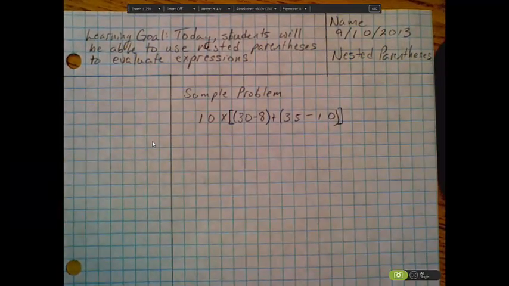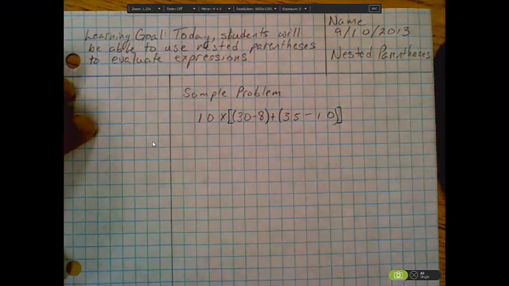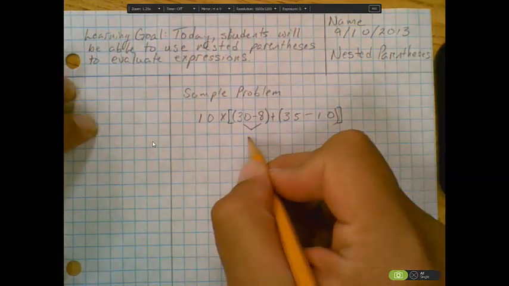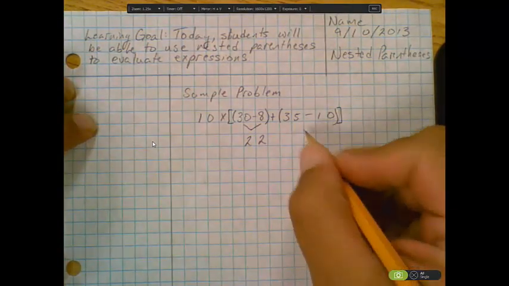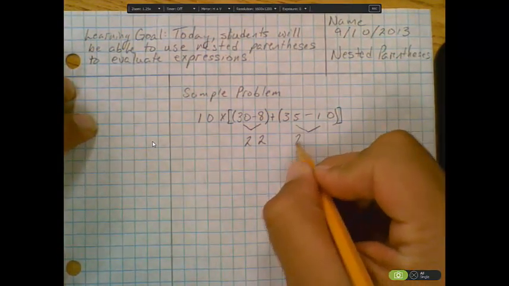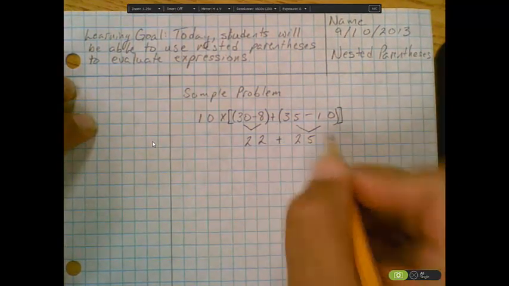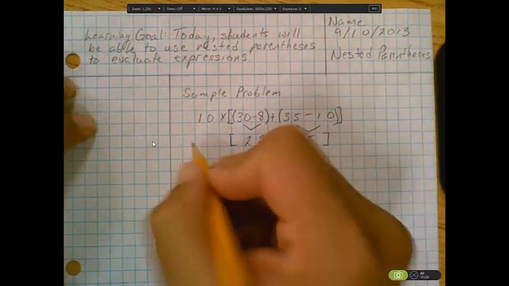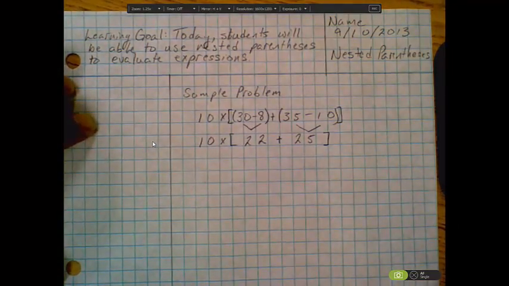Okay, and then in order to solve these types of problems, again, we're going to start with our parentheses, and we're going to start on the inside. So the first one we're going to solve is 30 minus 8, which is 22. Then we're going to solve 35 minus 10, which is 25. And then we bring down the plus sign, we bring down the brackets, and we bring down the multiplication sign in the 10.